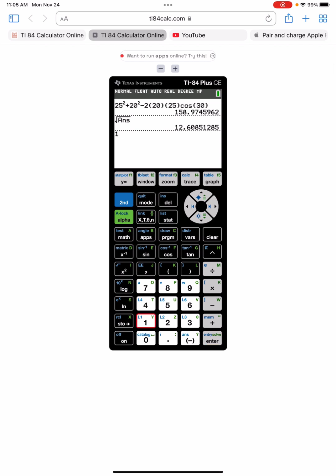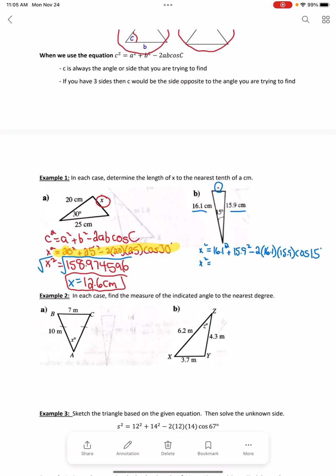So 16.1 squared plus 15.9 squared minus 2 bracket 16.1 bracket 15.9 bracket cos 15. Great. That's our answer, 17.48. We're going to write that down.